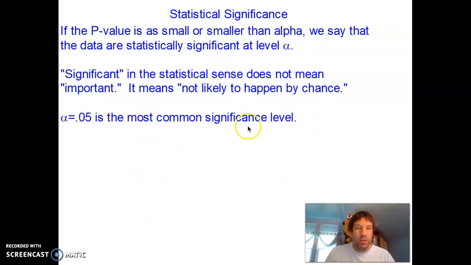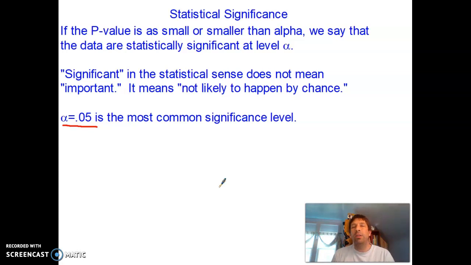Typically, just look at this last portion here, alpha equals 0.05. So typically, we look for a p-value that's less than 0.05. Now, that doesn't mean that you're always going to use that. That's just kind of the general standard. What you're saying is, if it's 0.05, that would be like 1 in 20 times that we would see these results.